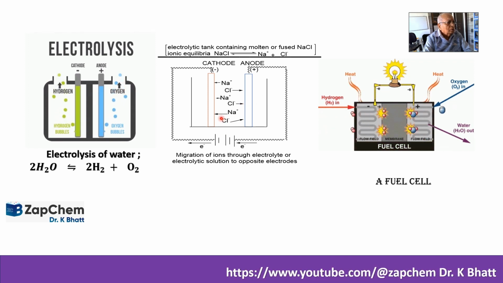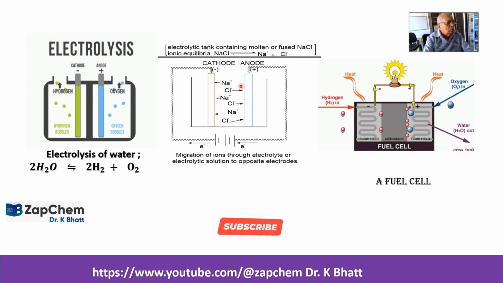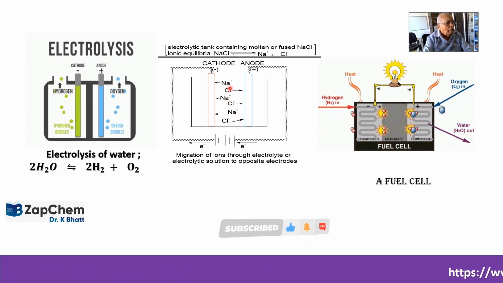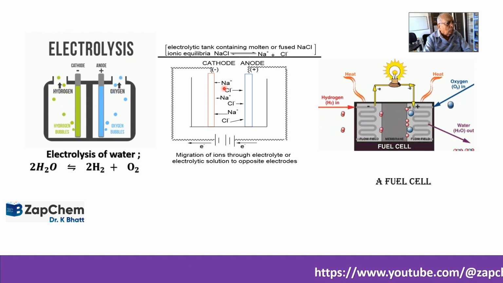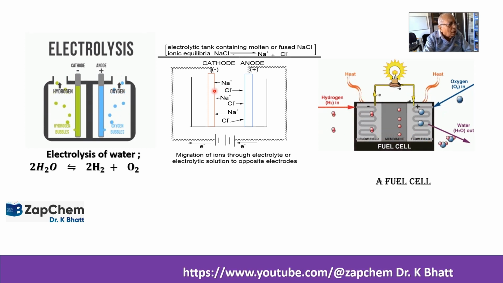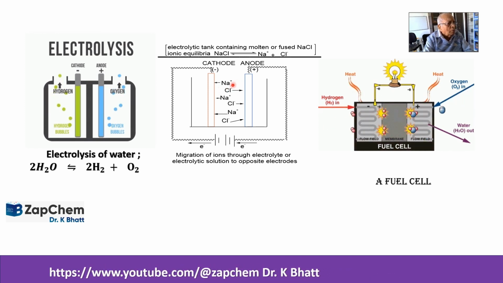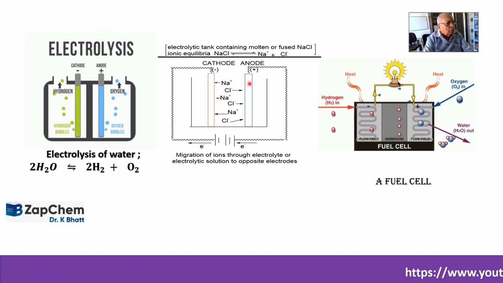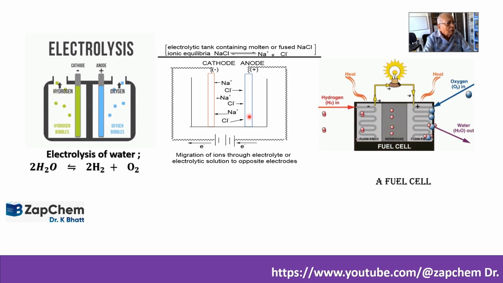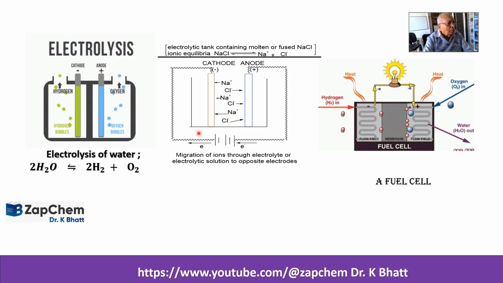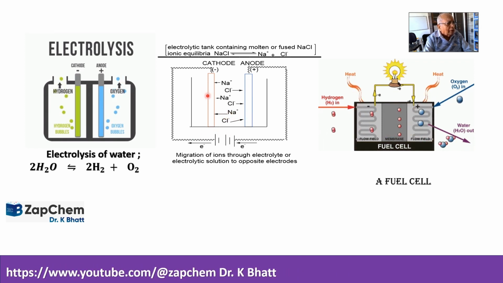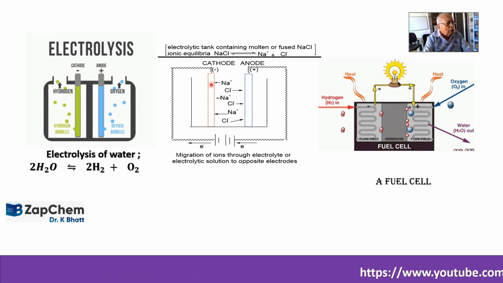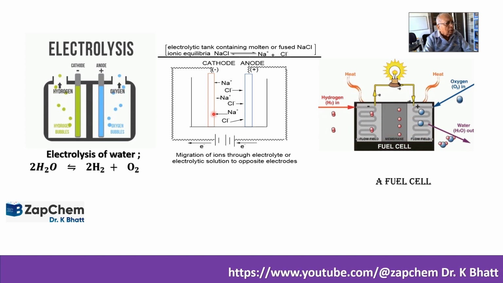Now, these ions which are formed here would be sodium ion and the chloride ion. All sodium ions are directed towards the negative electrode. Sodium plus moves towards the negative electrode, and chloride ion moves towards the positive electrode. Now, therefore, when they come in contact with the oppositely charged electrode, they give up their charge and get deposited over there.